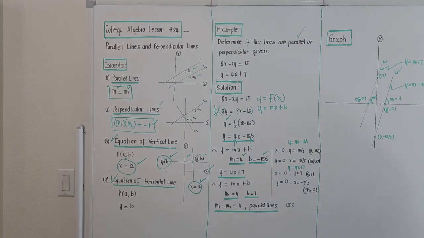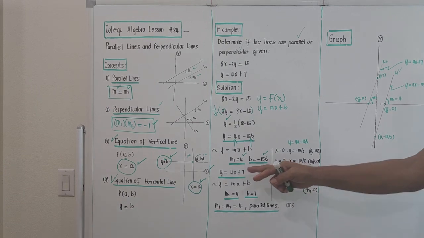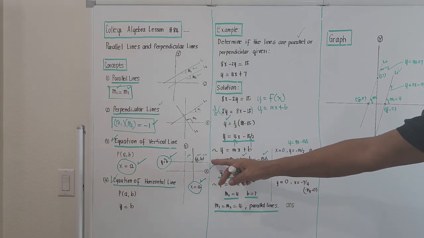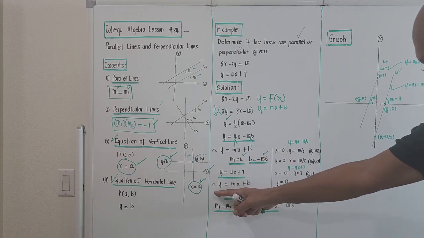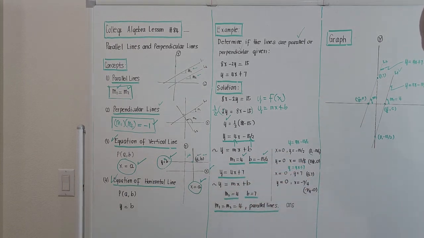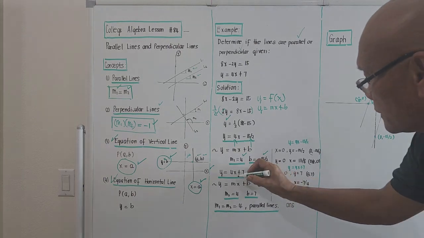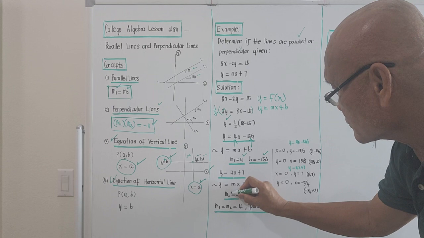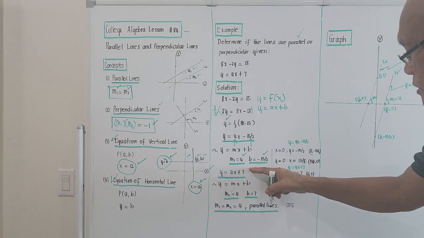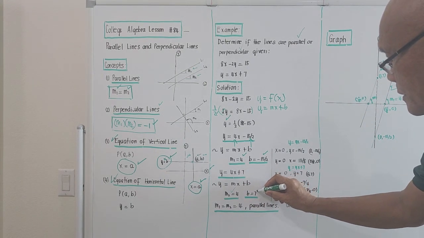Okay, the next equation, what's the next equation? The next equation is easy, right? y is equal to 4x plus 7, and this is similar to the form y is equal to mx plus b. So in here, we will conclude that m is also equal to 4, right? So m2 here is 4. And the y-intercept is actually positive 7.